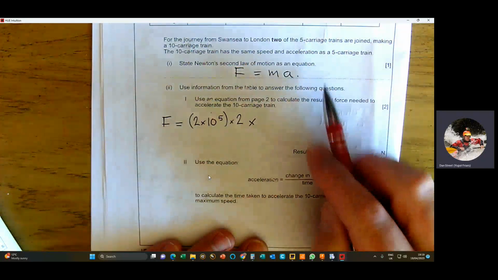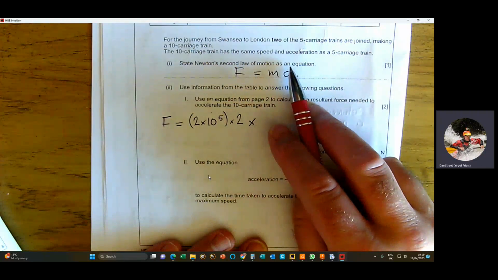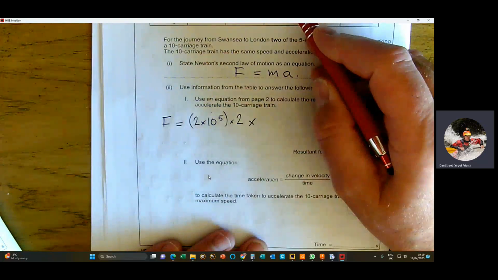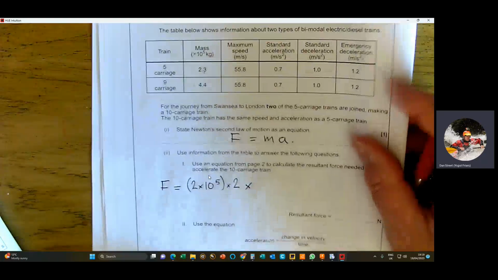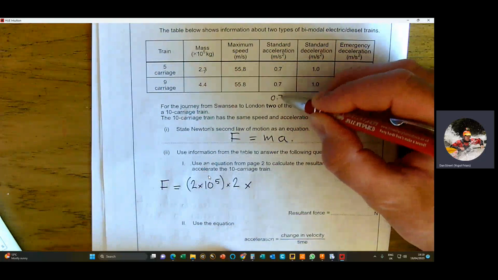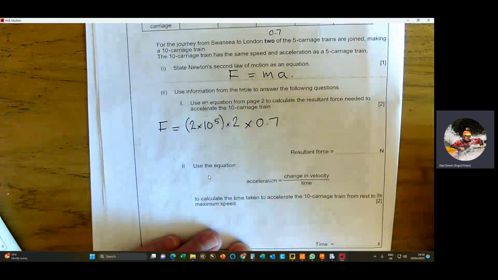The question tells us that the acceleration is the same regardless. The standard acceleration for this train on the table is 0.7. So it is for 5, it is for 9. We can assume it is for 10 as well. So times 0.7.